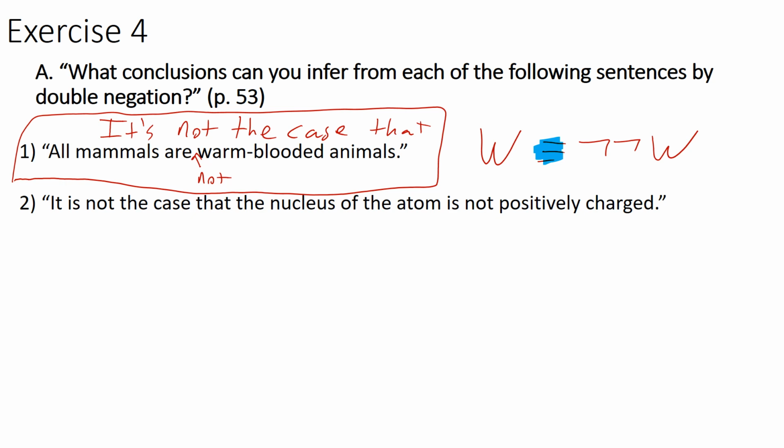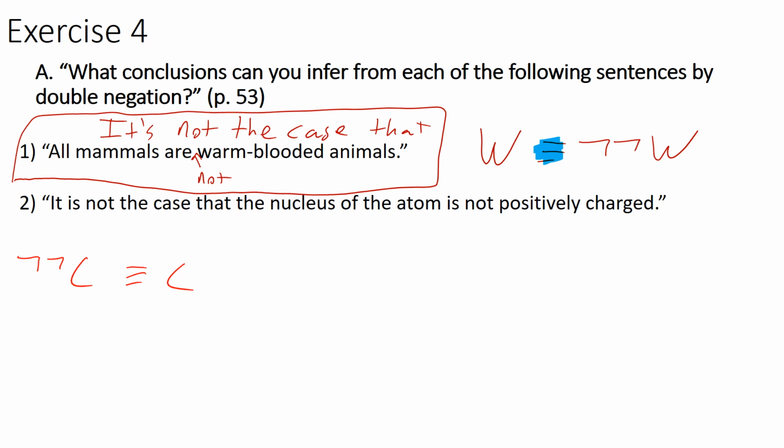What about sentence 2? It is not the case that the nucleus of the atom is not positively charged. So we have really here not not C. Well, in this case, we are moving from something that has two negations, and those negations just cancel each other out, so we're back at something that is, so to speak, positively affirmed.